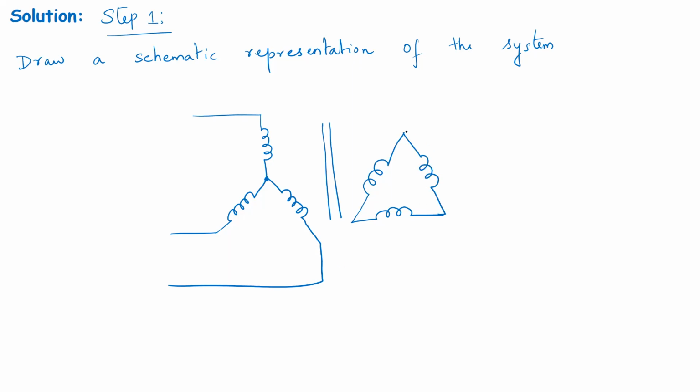This delta connected side is feeding a load. We do not know the connection type of the load, so we are going to assume a connection type. I'm assuming the connection type of the load to be Y connection, and the load, I'm going to draw it using a box because it is a resistive capacitive load.